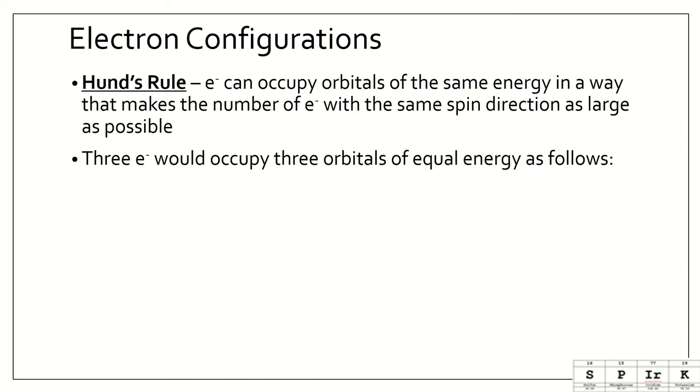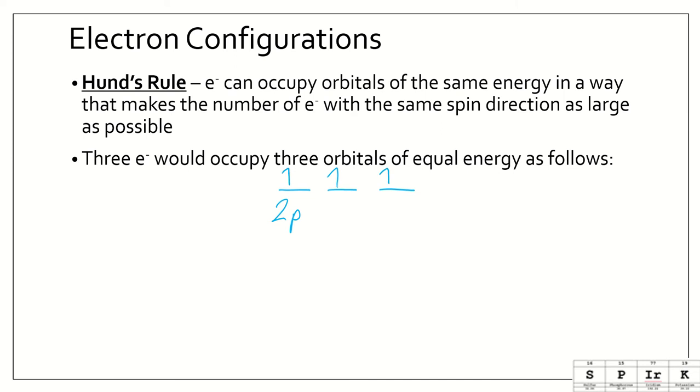So 3 electrons would occupy 3 orbitals of equal energy as follows. For example, the 2p orbital, or any p orbital, has 3 orbitals. The 2p sublevel has 3 orbitals. And if we have 3 electrons that we need to fill, we fill 1, 2, 3.